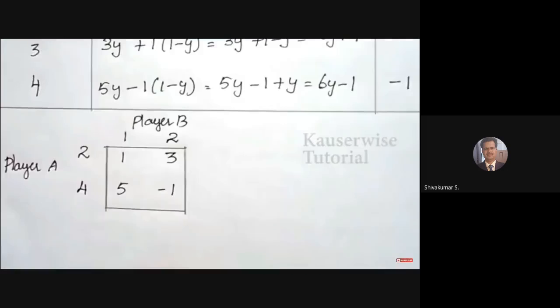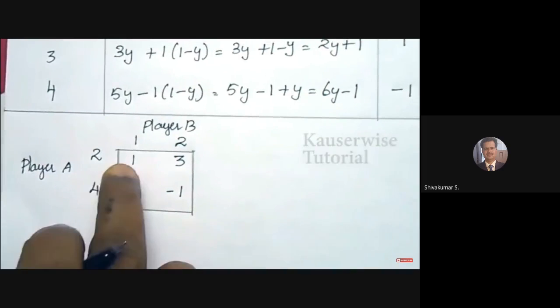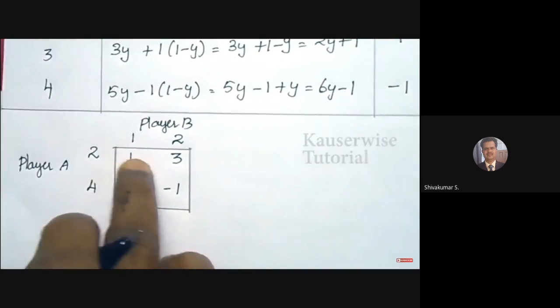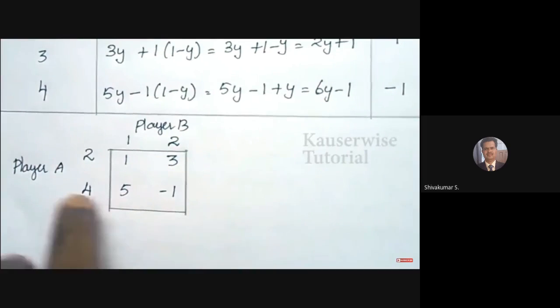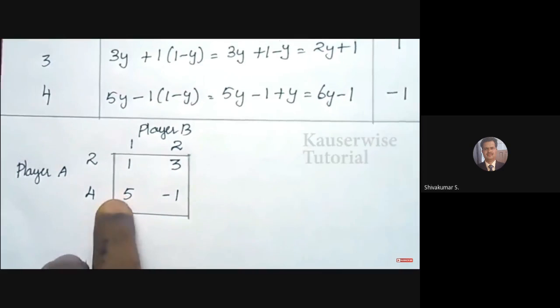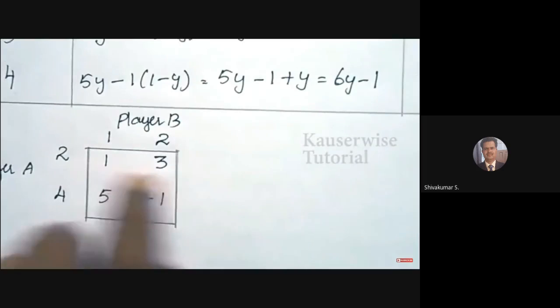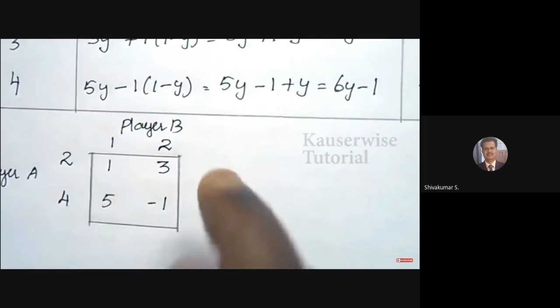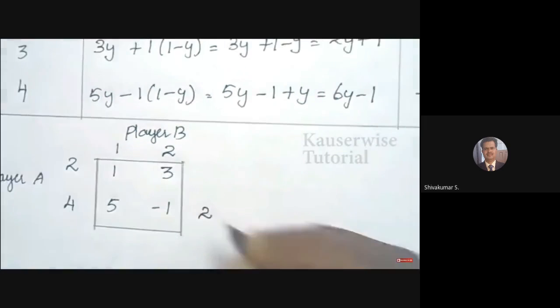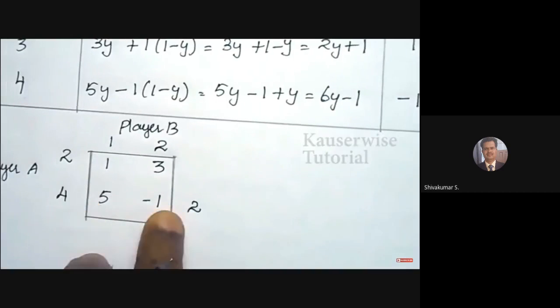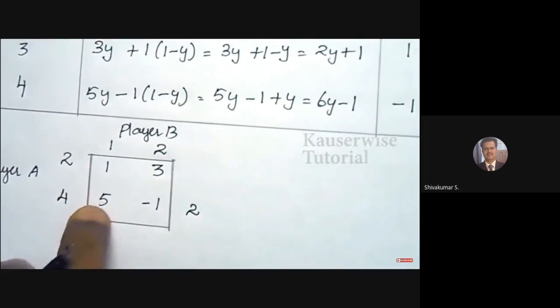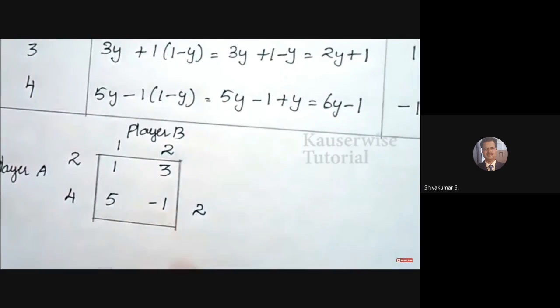The first thing is to find the oddments. Find the difference between the first 2 values and enter it against the second row, and find the difference between the other 2 values and enter it against the first row. Look at the first row. The first row difference is 3 minus 1, which is 2. Enter here. Look at the second row, 5 minus minus 1, taking the positive value, is equal to 6.